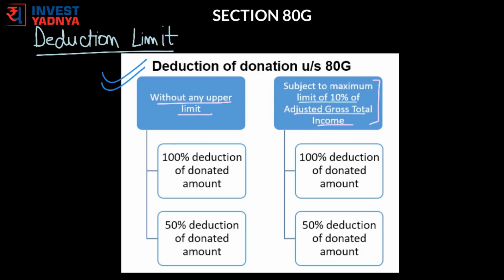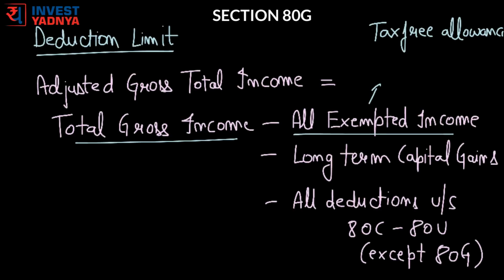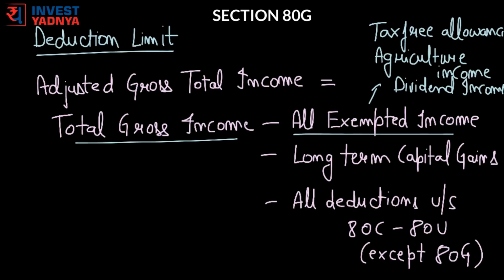Before knowing which institutions are eligible for which type of deduction, let us understand what adjusted gross total income is here. Adjusted gross total income for this purpose is calculated as gross total income minus all exempted incomes, that is tax-free allowances received like HRA, LTA, etc., or agriculture income or dividend income from mutual funds, etc. Second, you have to deduct long-term capital gains from it.